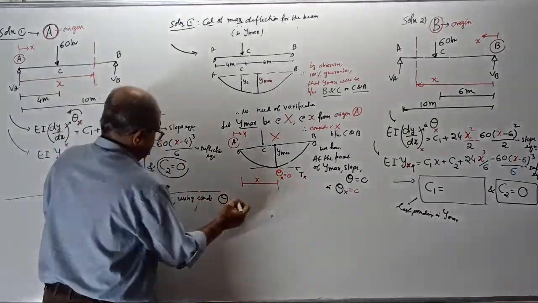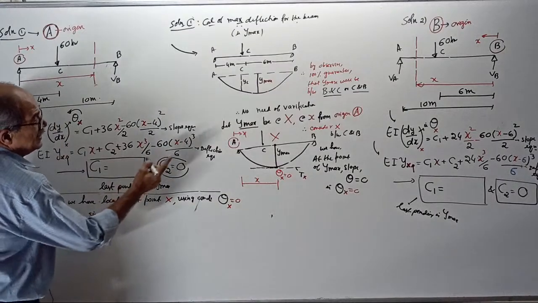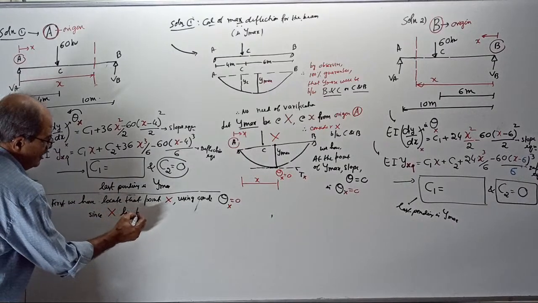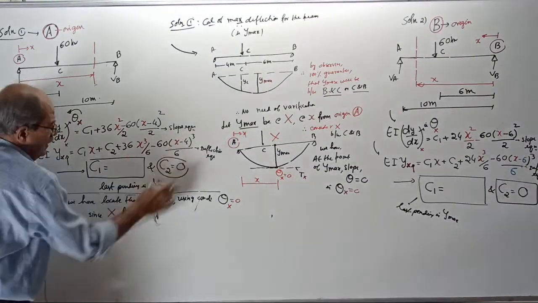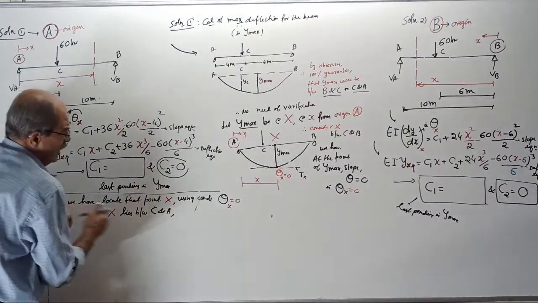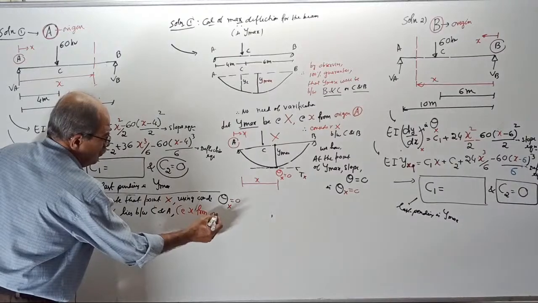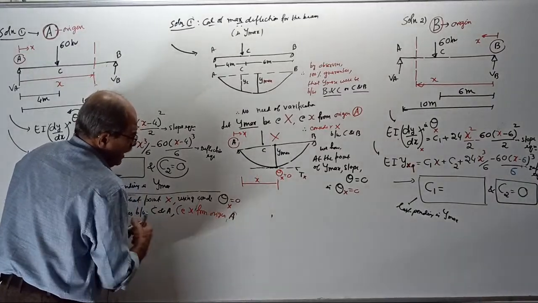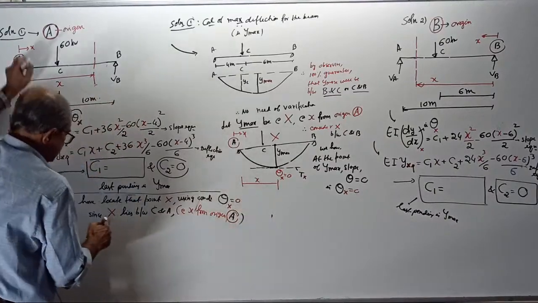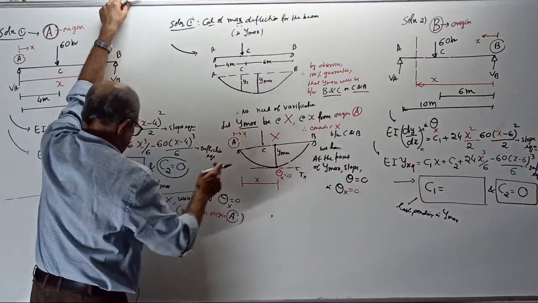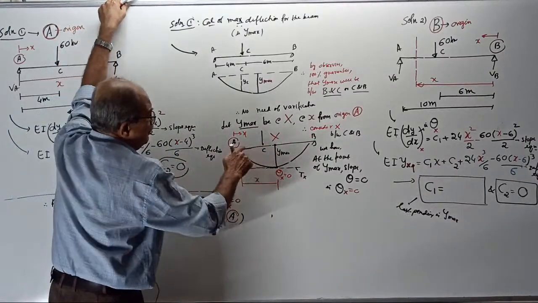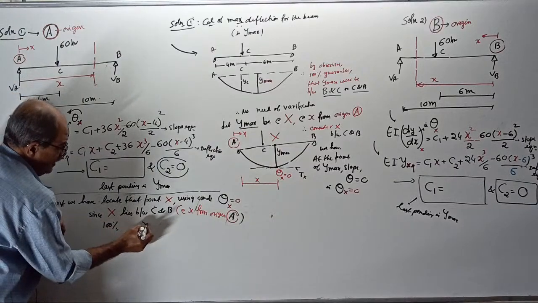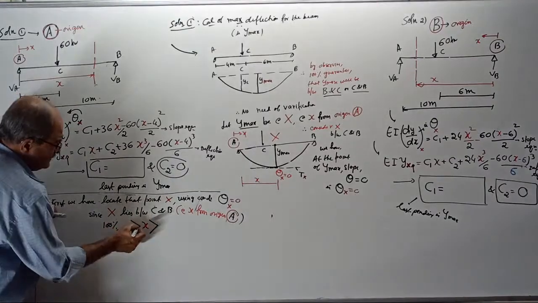Now tell me, since point x lies between C and B, at x from origin A, 100%, your x will be more than how much and less than how much?